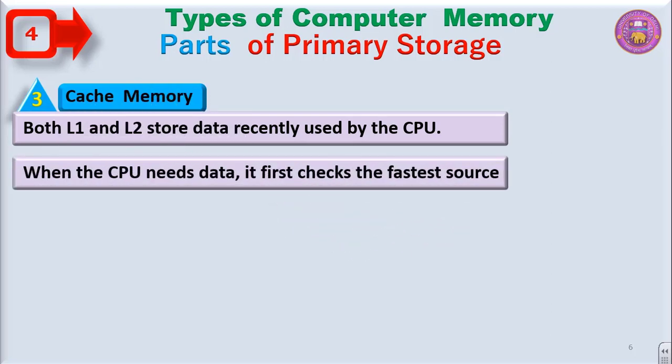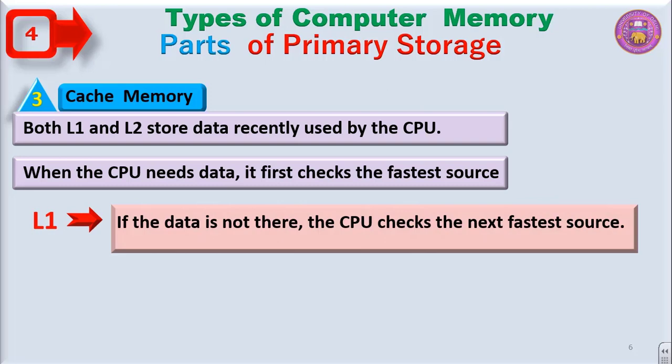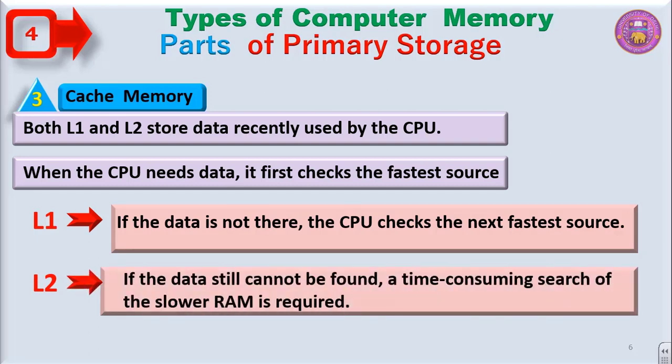When the CPU needs data, it first checks the fastest source, that is L1. If data is not there, the CPU checks the next fastest source, that is L2. If data still cannot be found, then a time-consuming search of slow RAM is required.